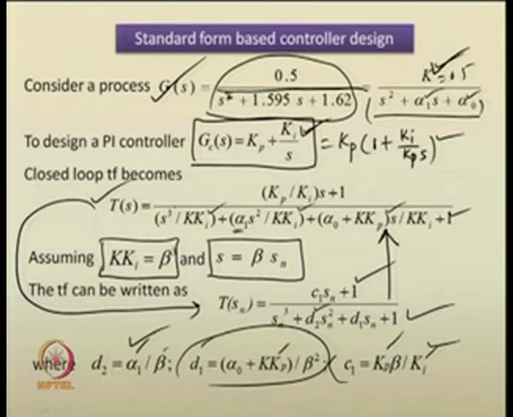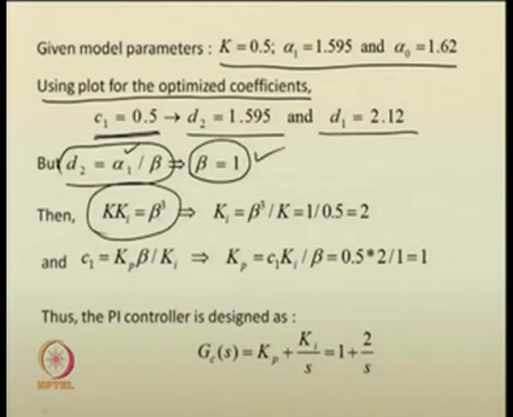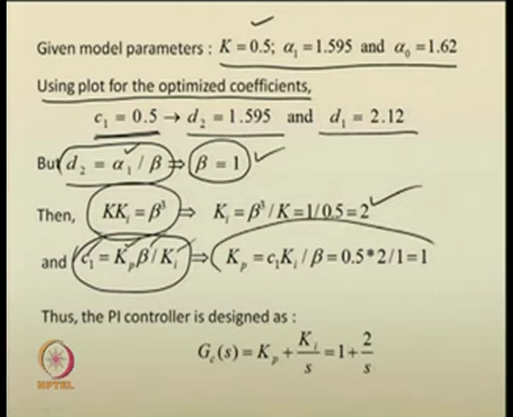Since beta equal to 1, Ki can be obtained as beta cubed by k, where k is the process parameter 0.5. So, Ki becomes 2. Similarly, using the expression C1 equal to Kp beta upon Ki, since we now know C1, beta and Ki, the only unknown Kp can be estimated as 1.